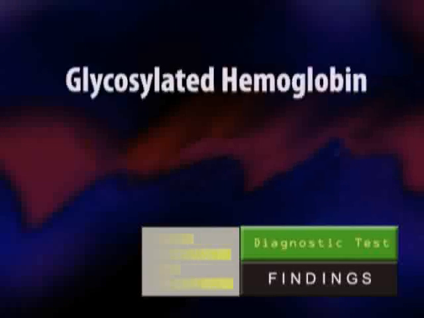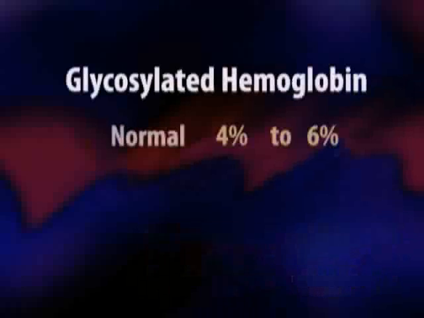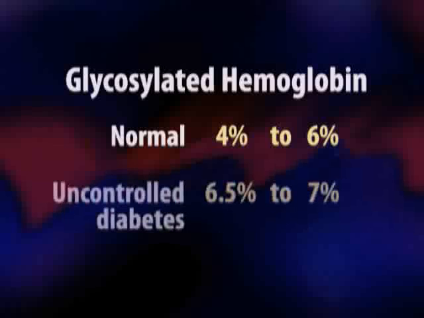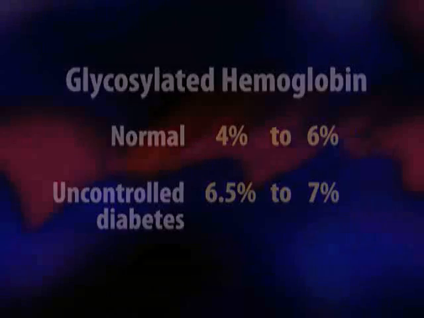In a patient without diabetes, the glycosylated hemoglobin test shows that 4 to 6% of glucose is bound to hemoglobin. In a diabetic patient, the percentage may be higher. For example, 7% is equivalent to a mean capillary blood glucose level of 154 milligrams per deciliter.